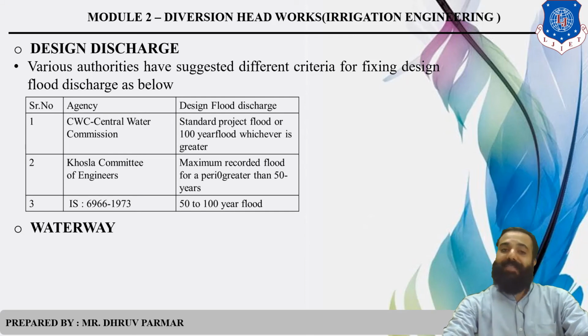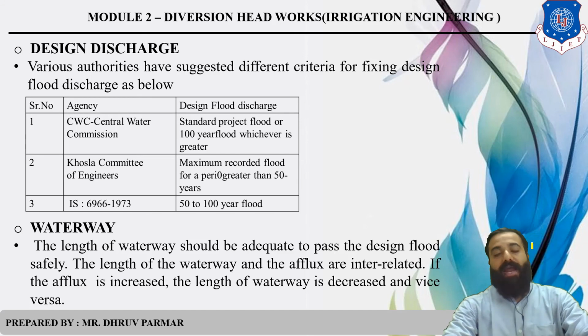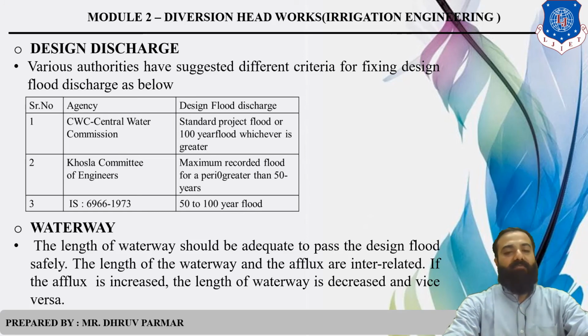Then waterway. As I said, this is the path of water. The length of the waterway should be adequate to pass design floods safely. If the length of the waterway is not sufficient, the property will be damaged. The length of the waterway and the afflux are interrelated: if afflux increases, then the waterway decreases, and vice versa.